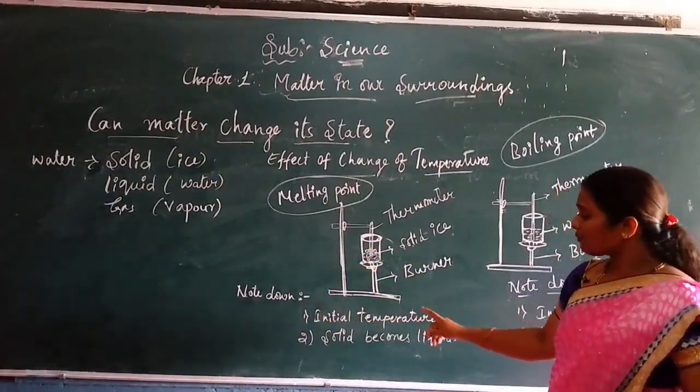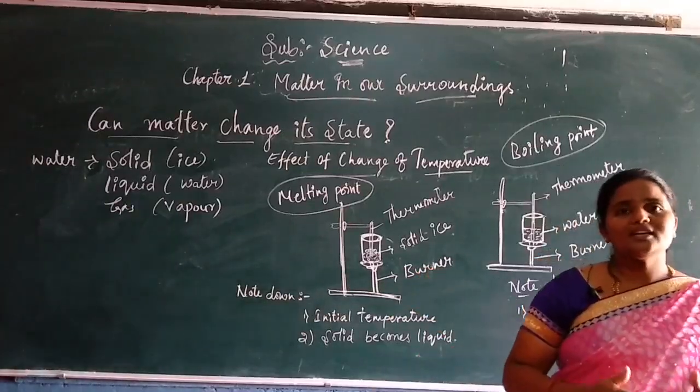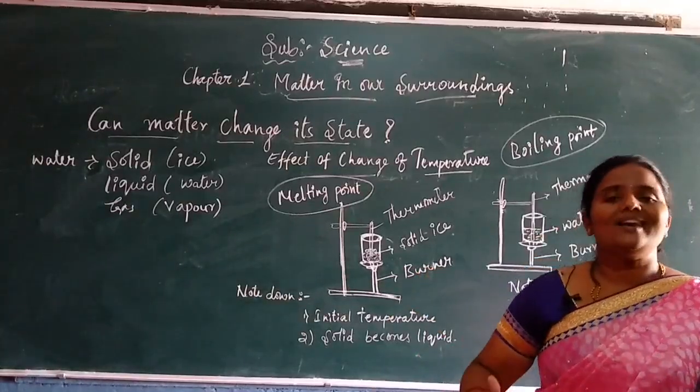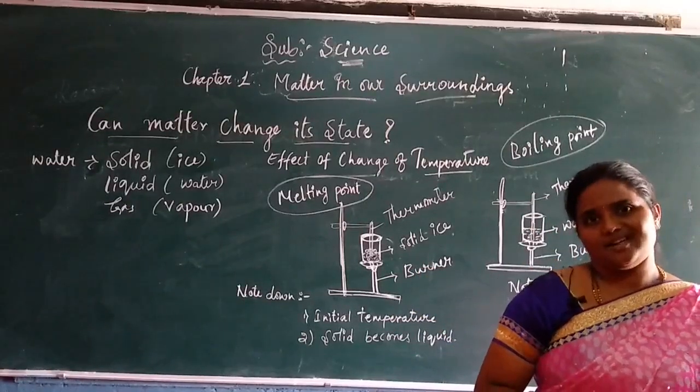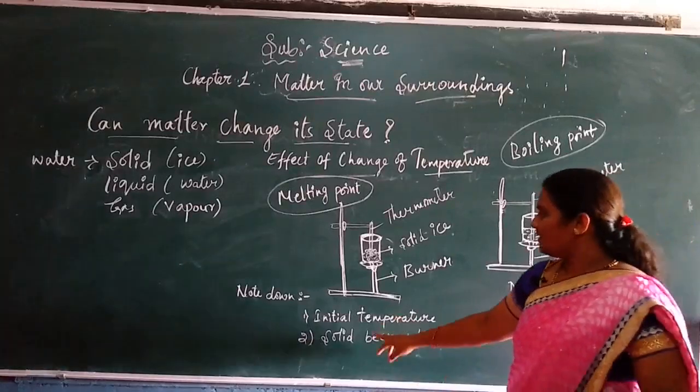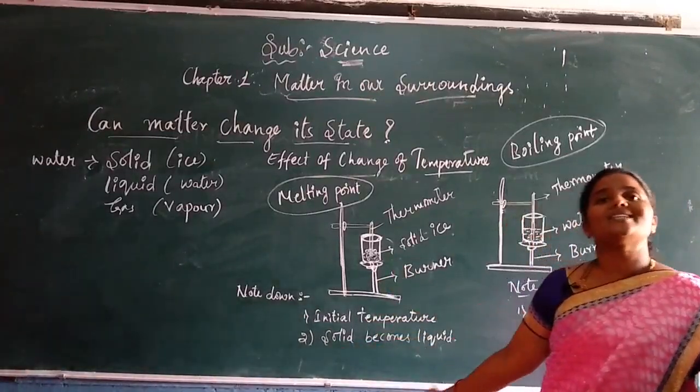That's why we can say that at a certain temperature, the particles of solid turn into liquid particles. And we can note in the second step the temperature at which the solid becomes liquid.